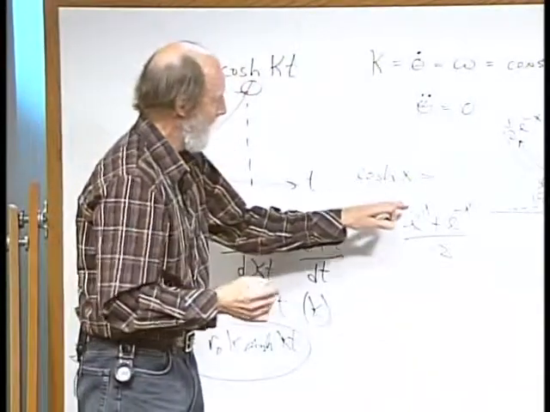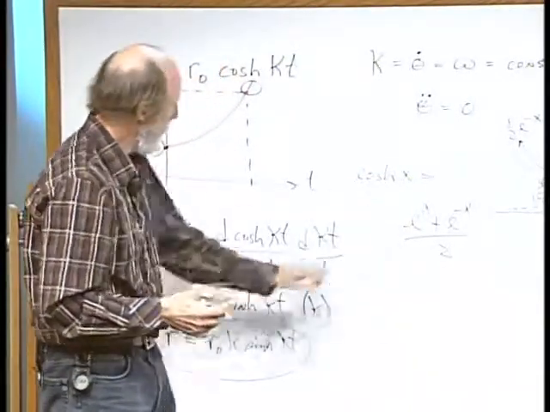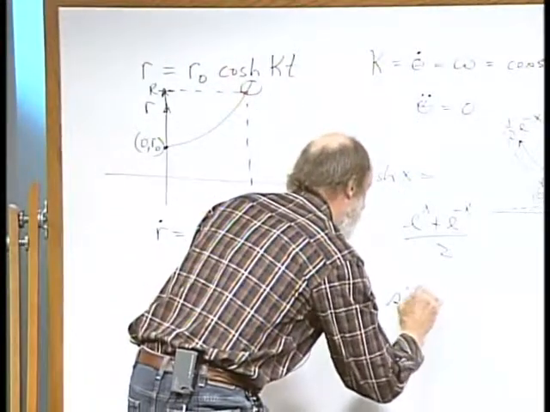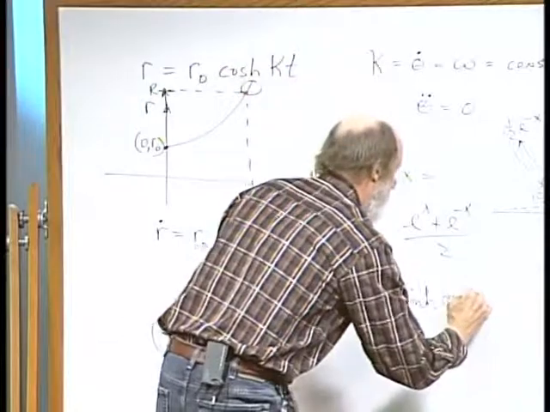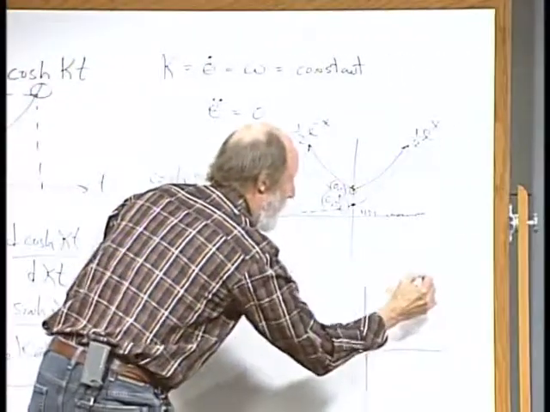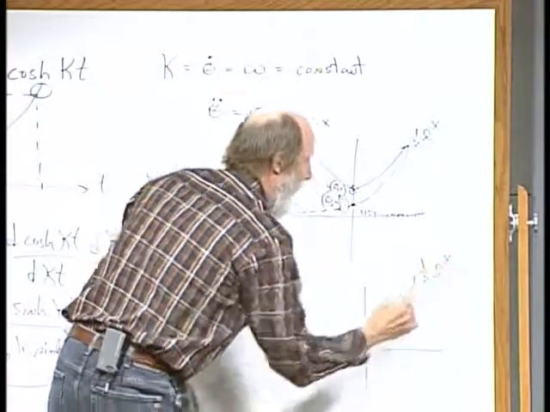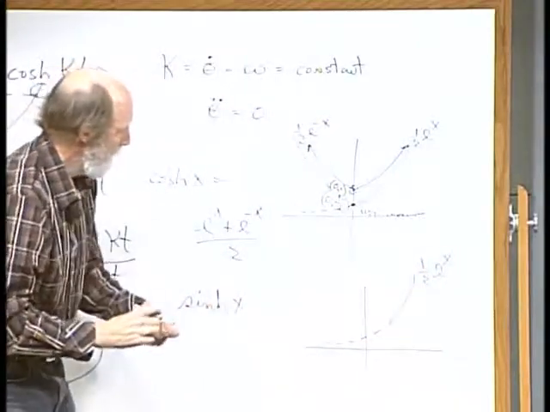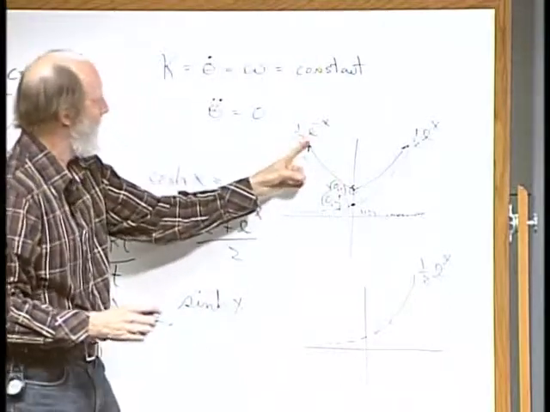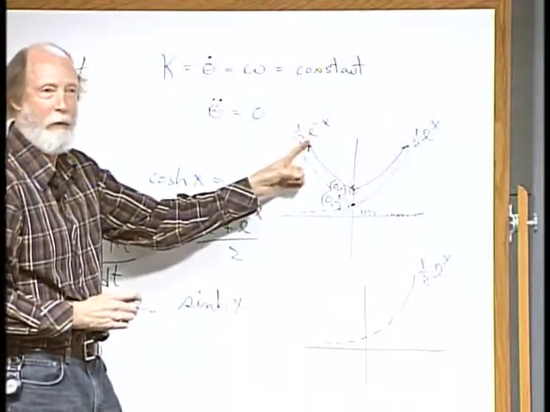Before we continue on and get the R double dot, just for a quick review, let's look at what sinh is mathematically. It's the addition of this half e to the x with this other one turned upside down.